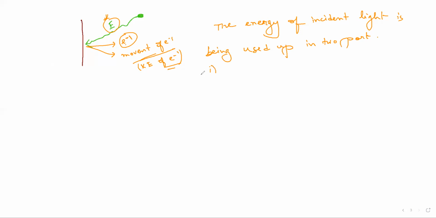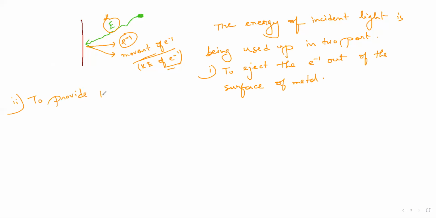First one, to eject the electron out of the surface of metal. And second one, to provide kinetic energy of the electron.